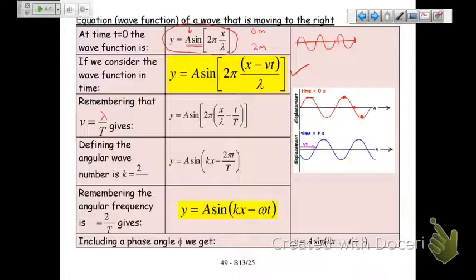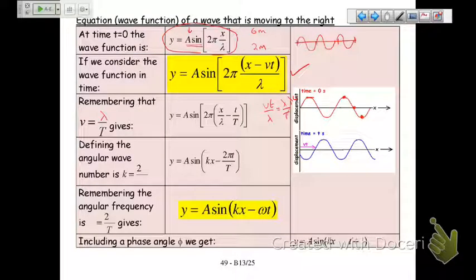This is 2 pi x over lambda minus, let's do this bit, vt over lambda, which becomes lambda over period times t over lambda, and those lambdas go away. So I end up with t over period. Look at the symmetry. It's a little bit of distance over a wavelength and a little bit of time over the period. Can you see the symmetry there?